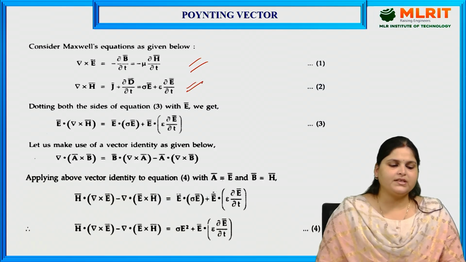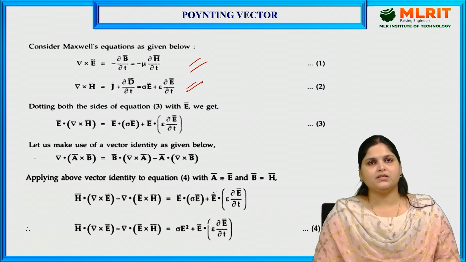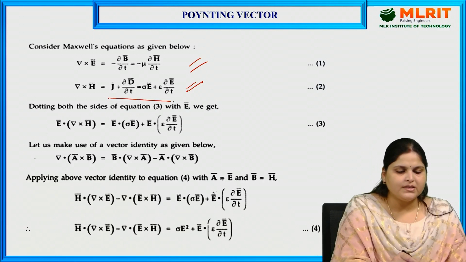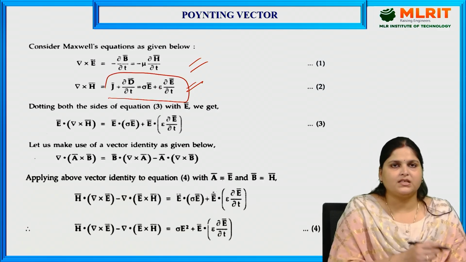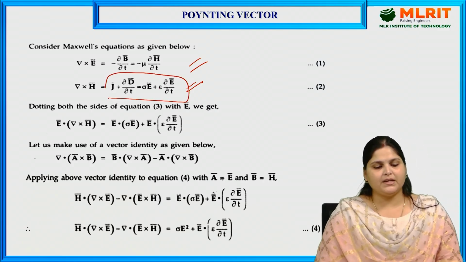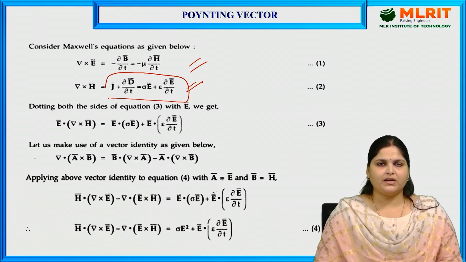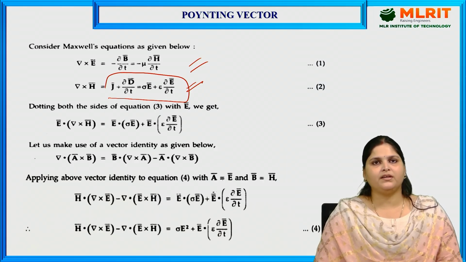The second equation is del cross H is equal to J plus dou D by dou t. Since J is sigma E, and in place of D we put epsilon E, this equation becomes del cross H equals sigma E plus epsilon dou E by dou t.